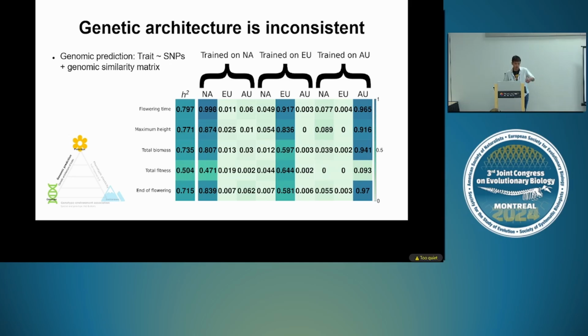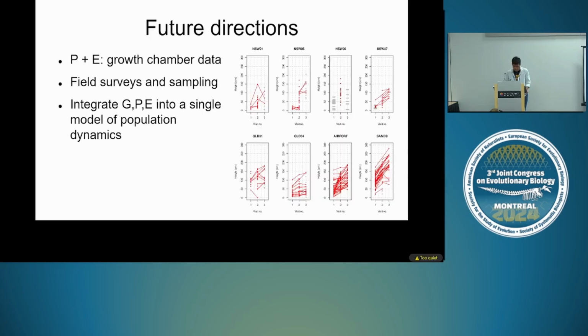If you use a model that only saw plants from North America and try to predict traits of European plants, the model prediction accuracy is just horrible. And you have to remember that this is all data from a common garden, so it's not an environmental effect, it's strictly differences in the way traits and genes have been associated.